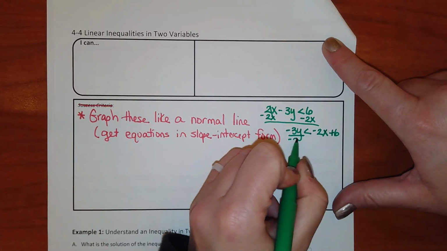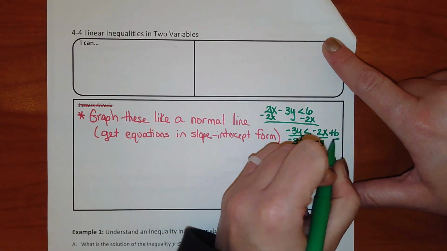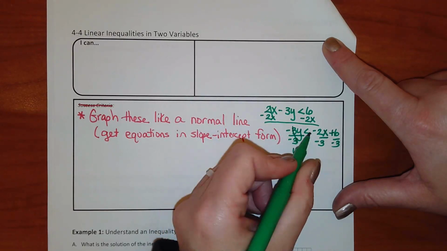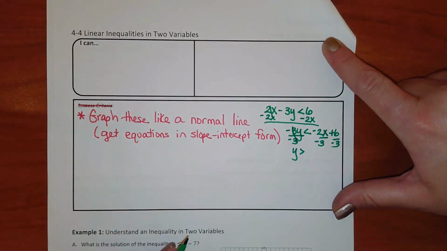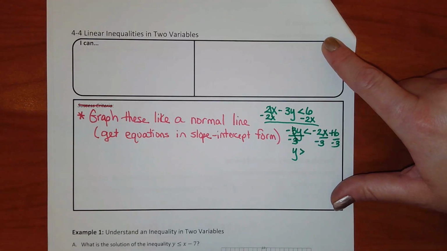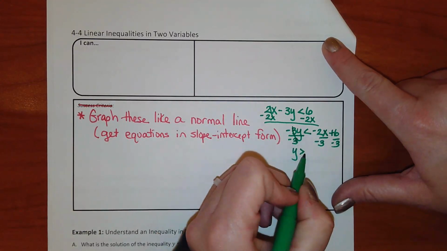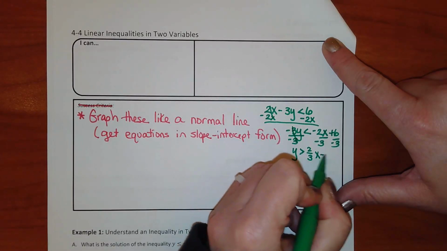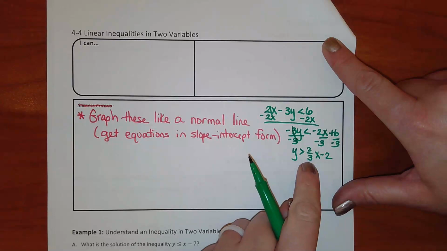But then you would divide by negative 3. So thinking about what we did back in chapter 1, when you divide by a negative, you do need to remember to flip your sign. So if you forget to flip your inequality, your graphs are going to be wrong. So you do need to make sure that you're flipping that inequality. And then this would be 2/3 x minus 2. And then you would graph this.